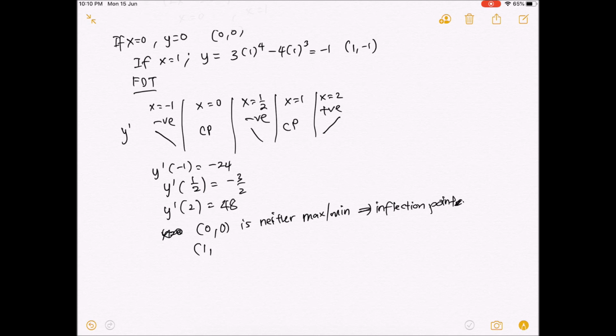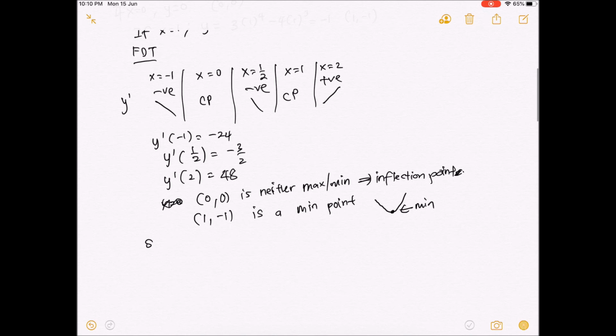Okay, and then x equals to 1, which is (1, negative 1), is a minimum point. Why is it a minimum? Because it is decreasing and then increasing again, so this is a minimum point. Okay, so let's use the second derivative test to support our results.